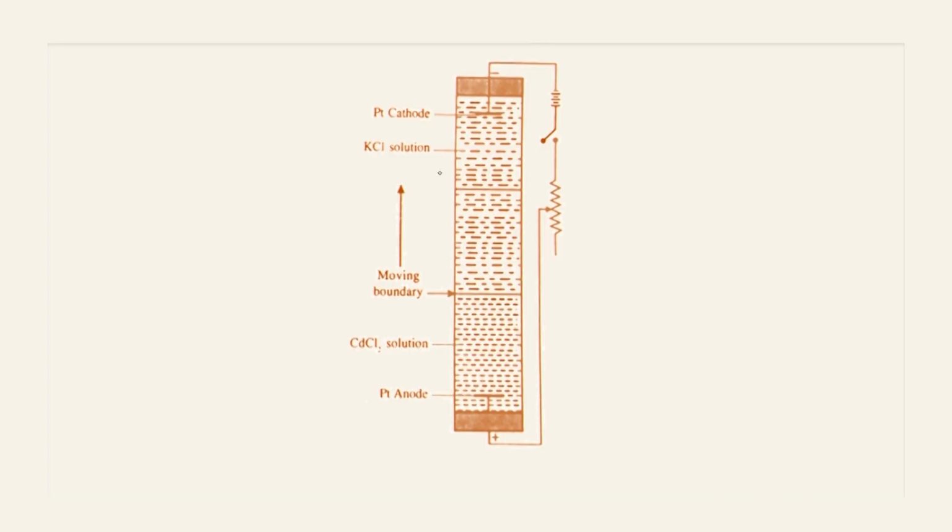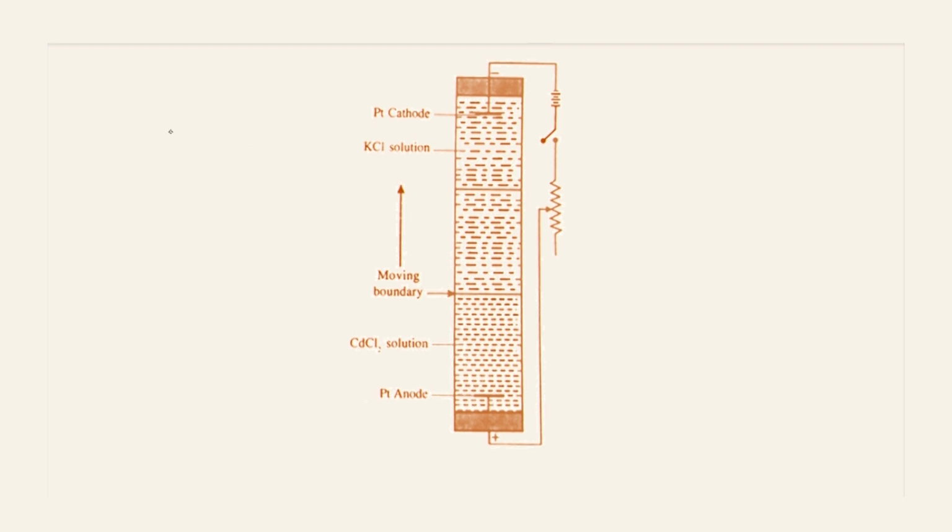Here, we have a glass tube of uniform diameter throughout. It should be of the same diameter, it should not vary, and it contains electrolytes. You should take two electrolytes.